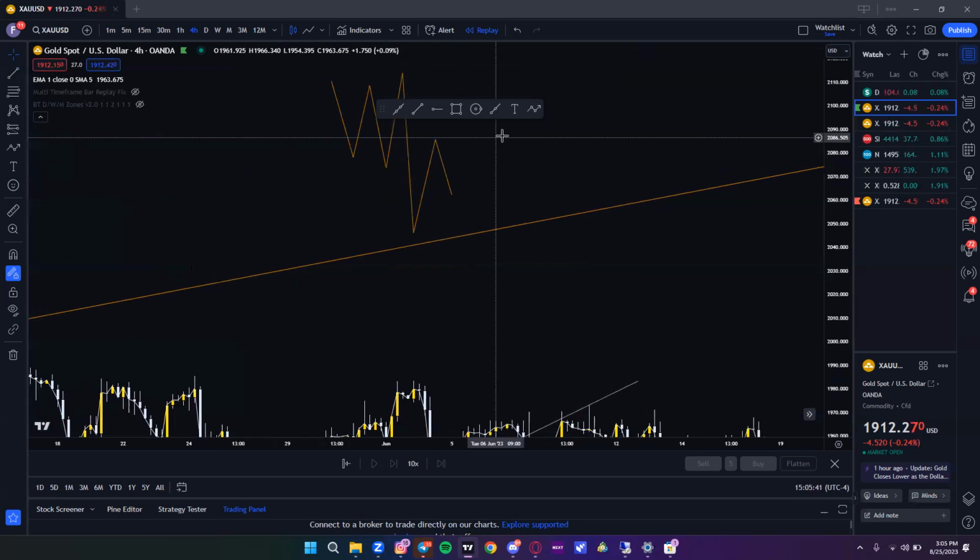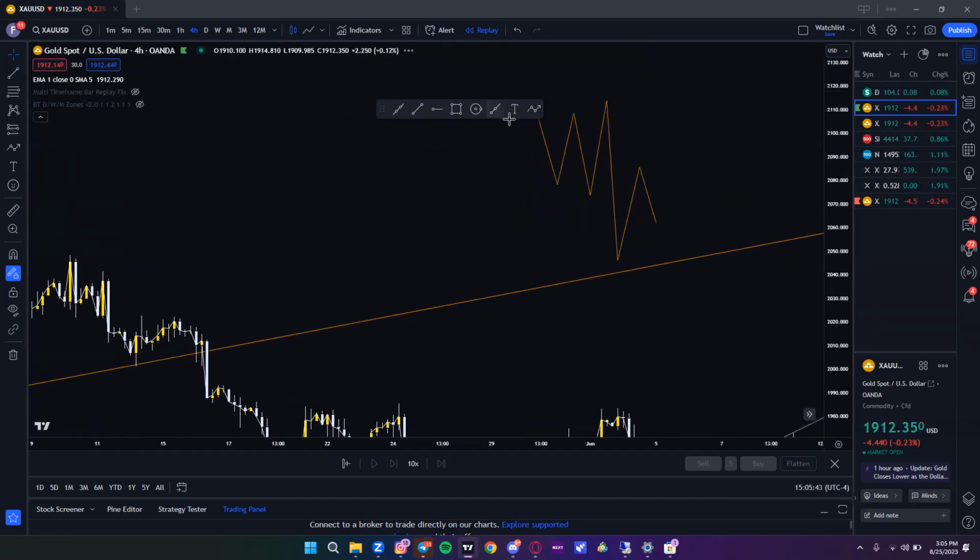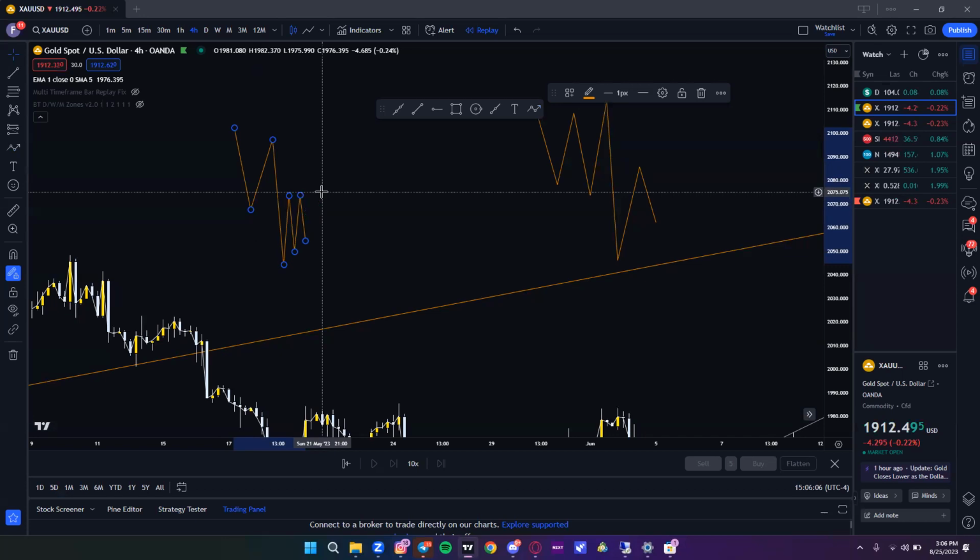The next trend line looks like this. So pretty much it's flipped.